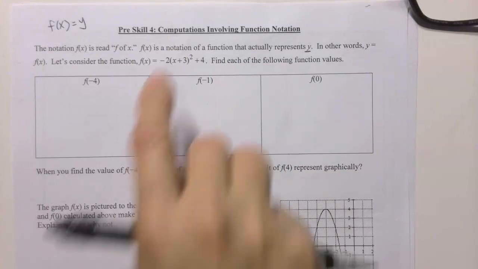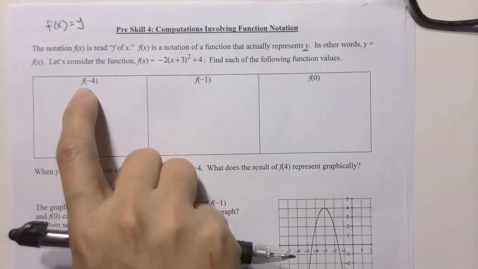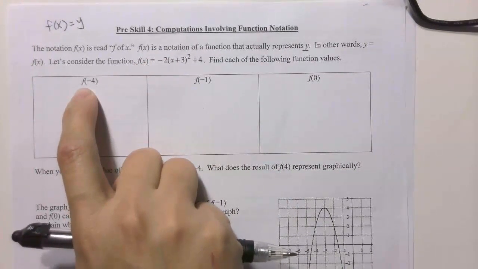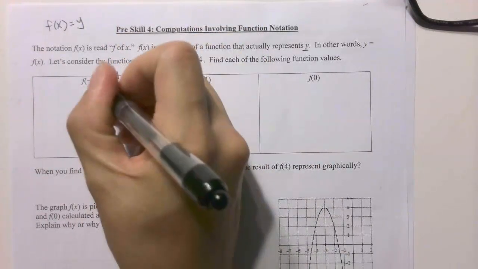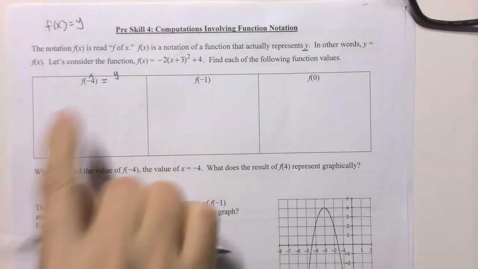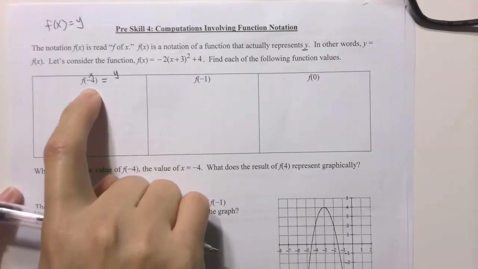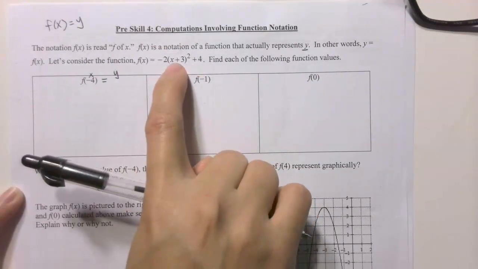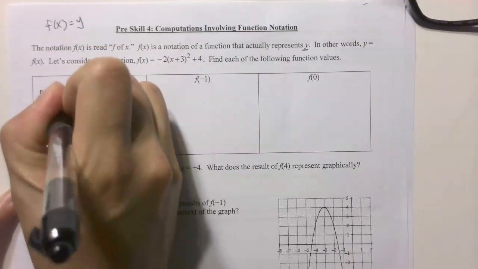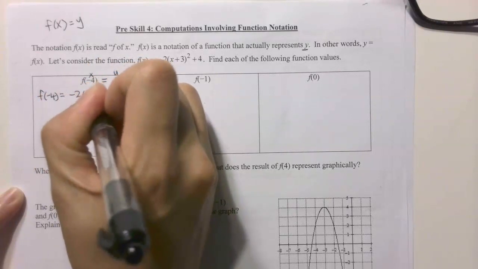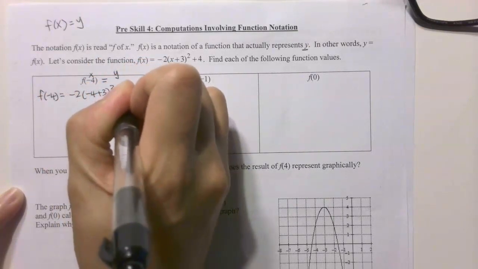Find each of the following. When you're given f of x and you're trying to find f of -4, how do you do it? This means find the y value when x is -4. You take that -4 and plug it into where the x is. So -2 times (-4 plus 3) quantity squared plus 4.